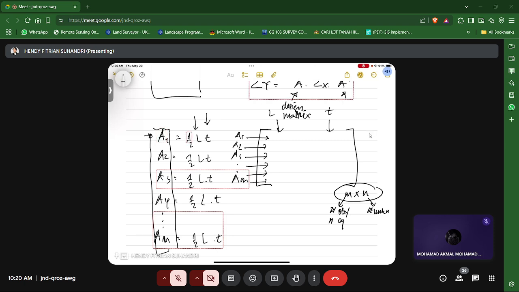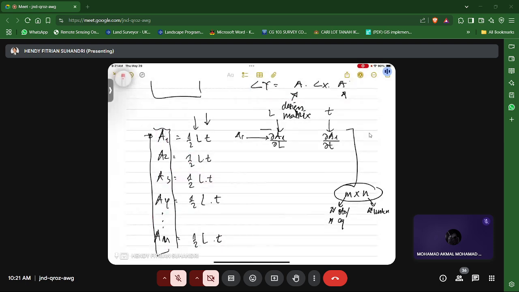So what do we have in our matrix? They are the partial derivative of each equation: a1 with respect to L, dou L, and here a1 with respect to dou T. Let me make a little bit bigger space. Okay, and a2, a3, let's say am.